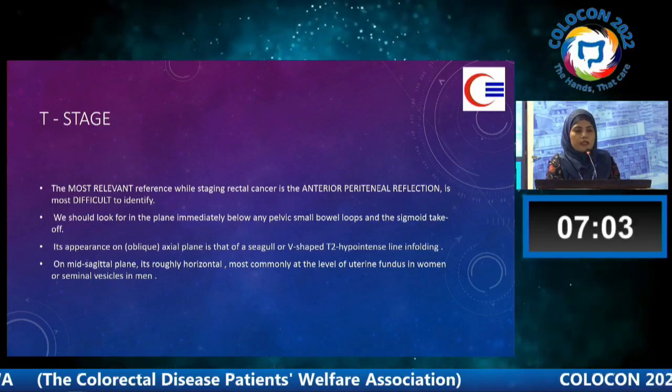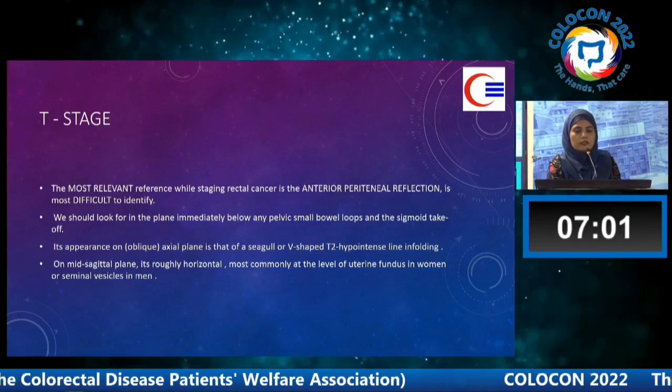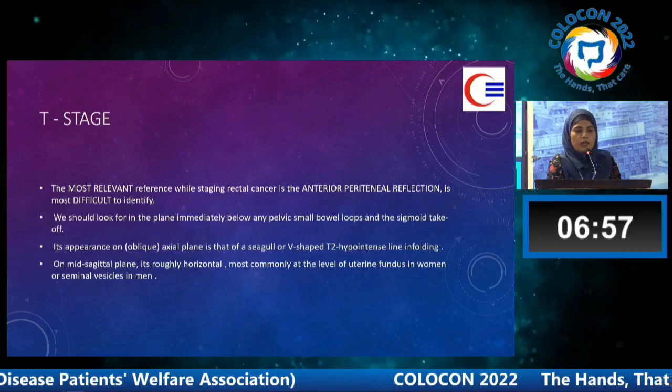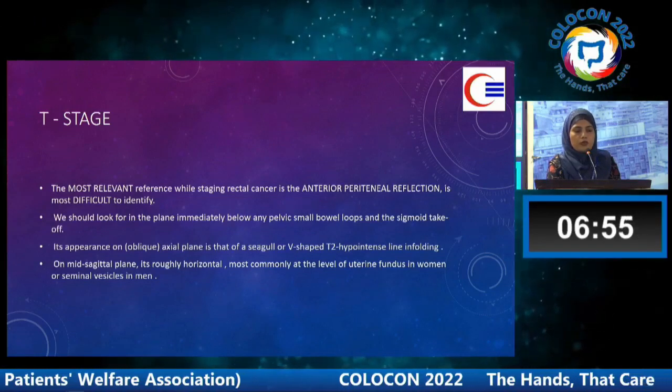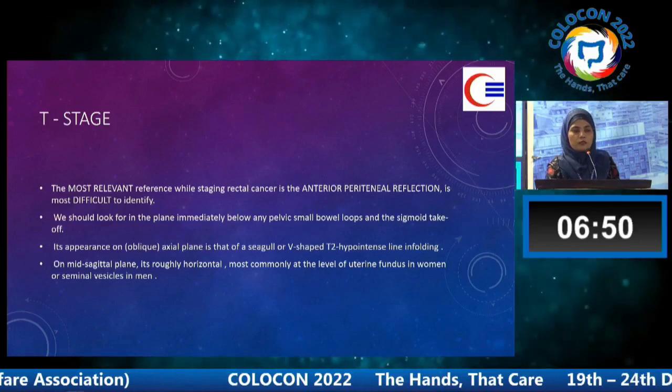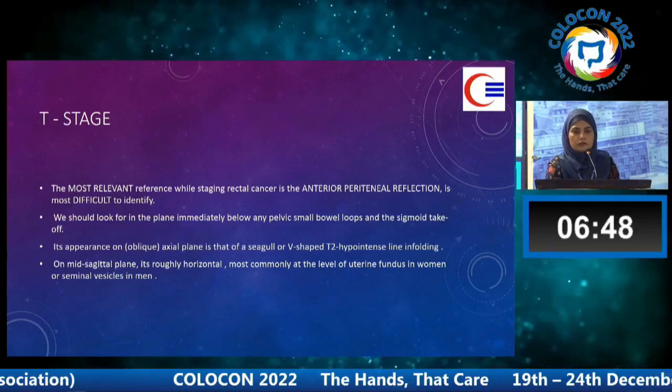So how to identify this peritoneum on imaging? This is really very difficult to identify on imaging. What we have to do is look for the axial section that lies just below the visibility of the first bowel loop appearance or the sigmoid takeoff.